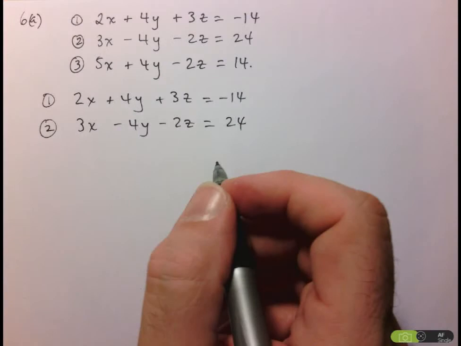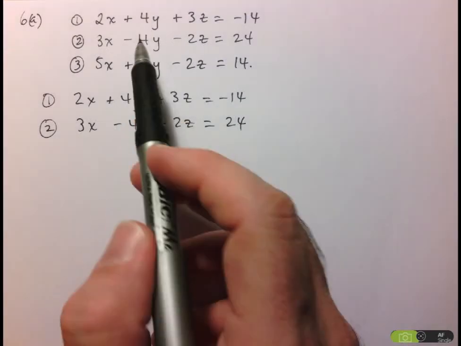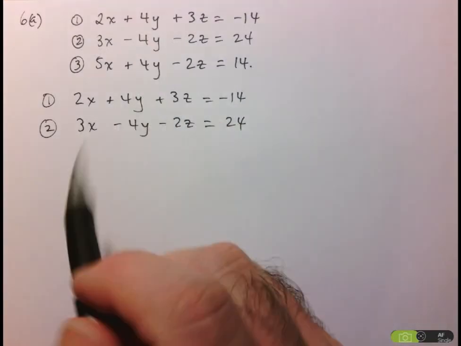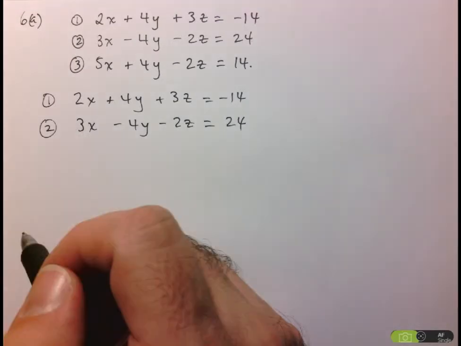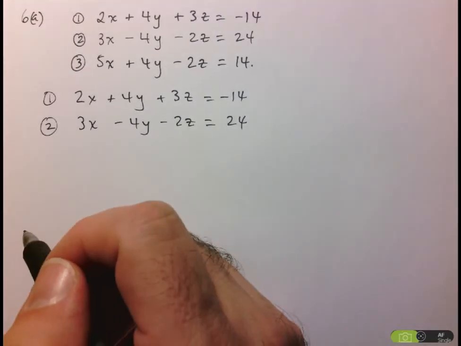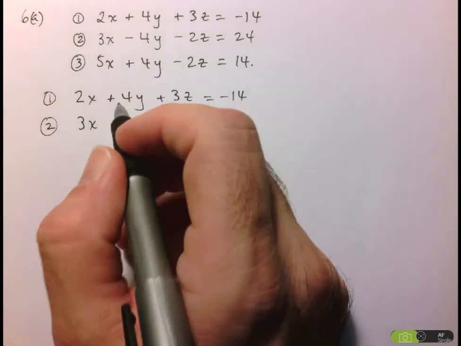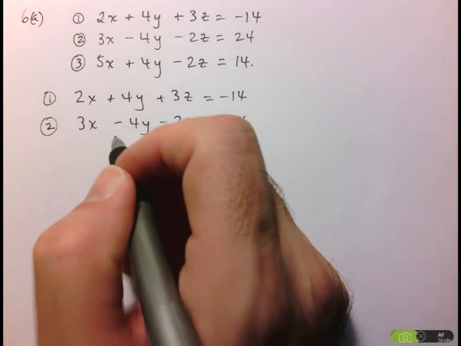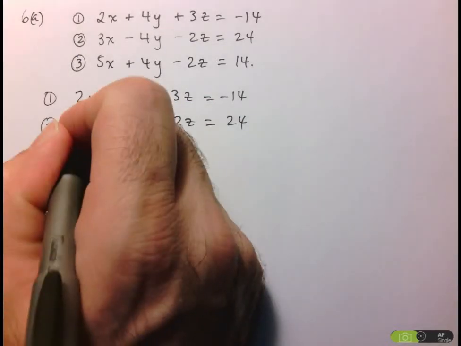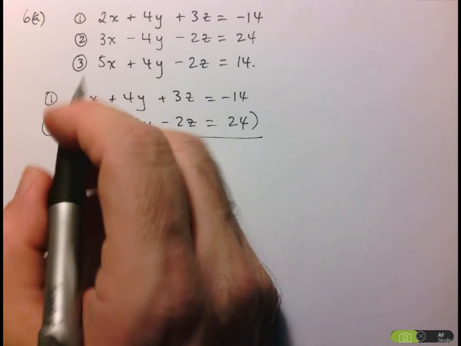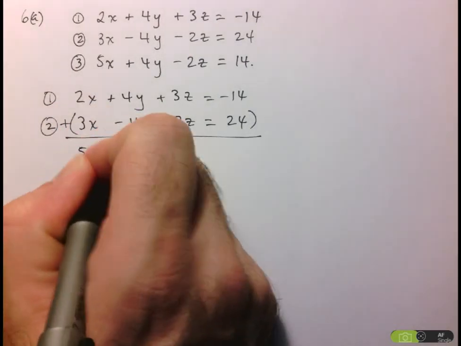Now you'll notice I rewrite the equations instead of just subtracting. It just seems easier to add and subtract them when they're one over the other, so I do take the time to rewrite the equations. Here I've got 4 and negative 4. Since the signs are opposite, we are going to add the 2 equations, and we're left with 2x plus 3x, so 5x.